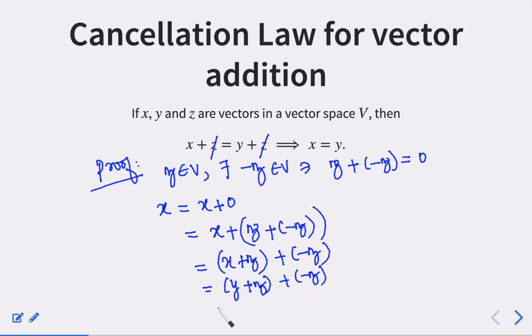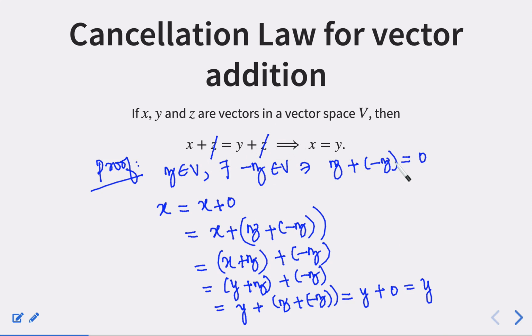Again I can use the associative property, which gives me y plus z plus minus z, and that is 0, so it equals y, which means x equals y. So I have used that x plus z equals y plus z in the middle, which means if x plus z equals y plus z, then x is nothing but y itself. That's what I have proved, which means I can cancel this z on both sides.